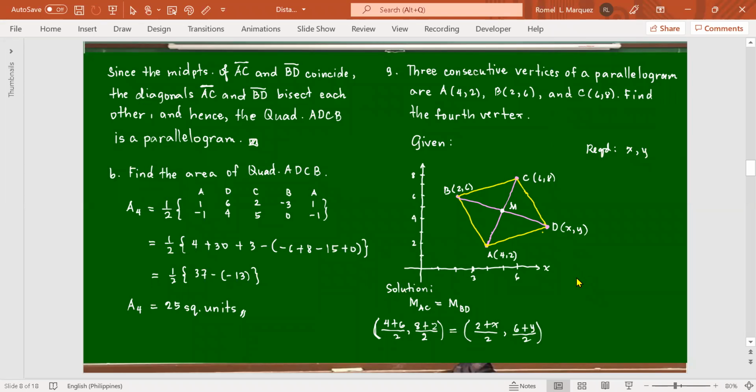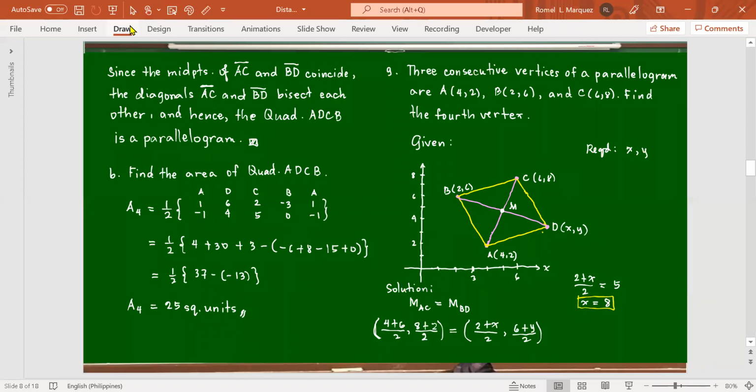Actually you can compute the equations separately. Getting (2 plus x) all over 2 equal to 5, what is x? 10 minus 2, which is 8. So that's the value of x.